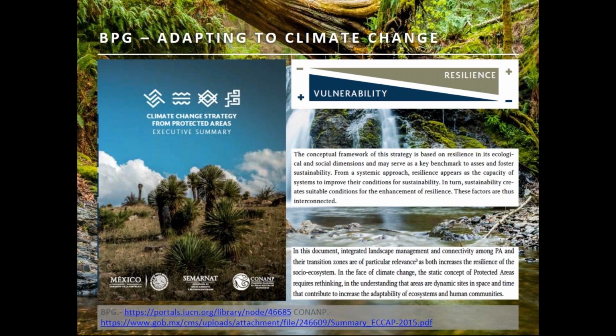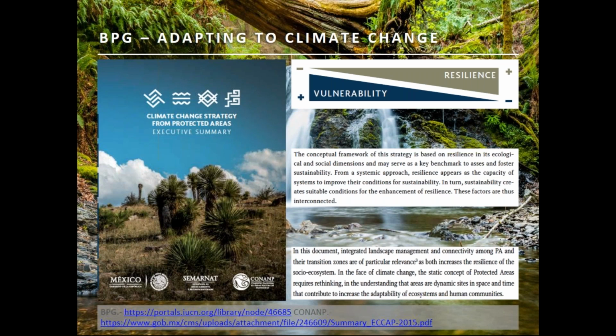So these four pillars were more fundamental and made clearer the importance of PAs in a broader landscape. And it has been a very interesting success here in Mexico. It also links to the idea that if you're less resilient, then you're more vulnerable. No? If you're more vulnerable, if you're more resilient, sorry, then you're more vulnerable.